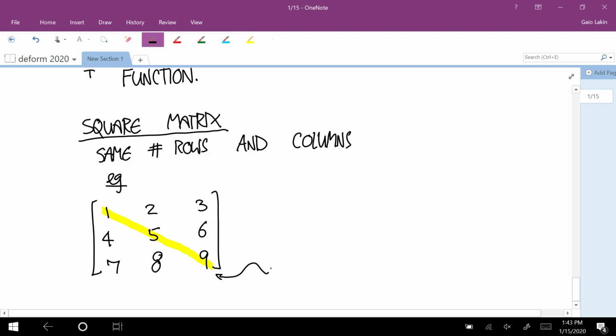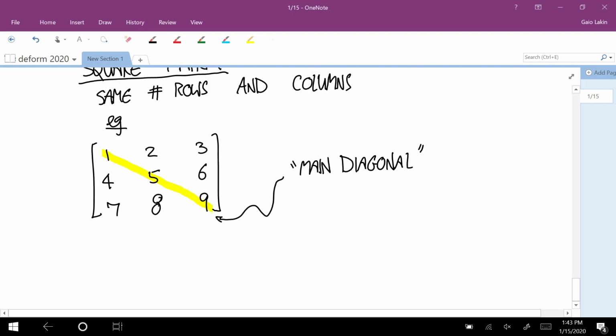That is called the main diagonal. Diagonal values are the ones where i is equal to j.